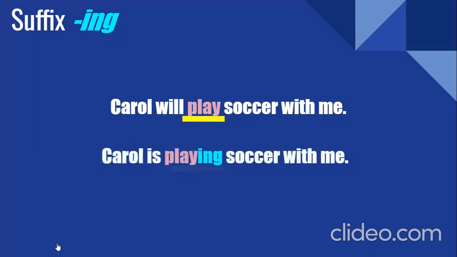Now, if I change my action verb by adding the suffix ing, then I'm saying Carol is playing soccer with me. That means that we started playing a little while ago, maybe 1 minute, maybe 30 seconds, maybe 2 hours ago, and we're still playing soccer. So it is an ongoing action. By adding the ing to my verb, I'm making this verb into an ongoing action.